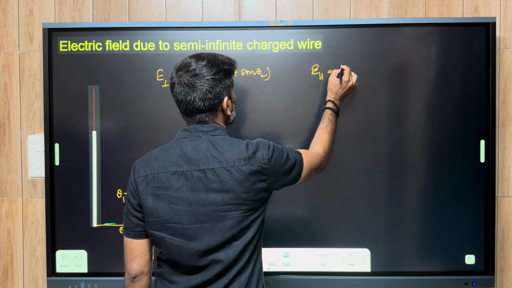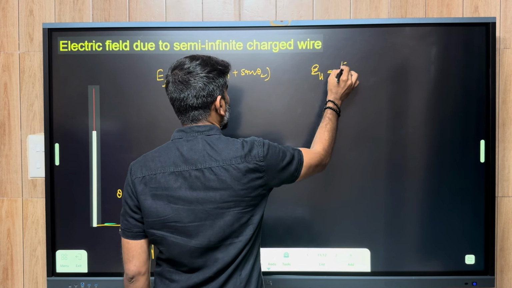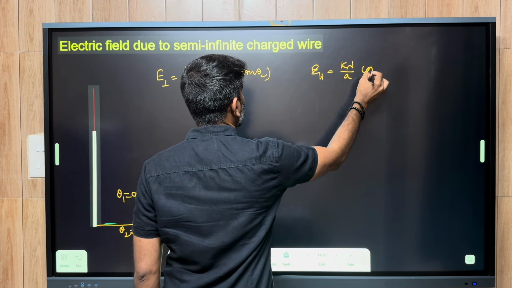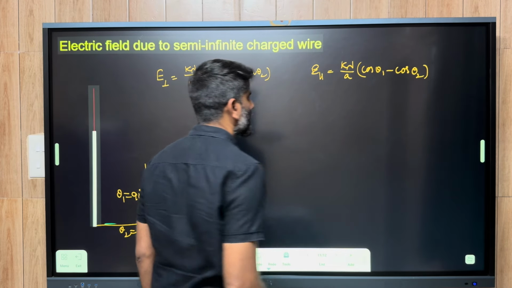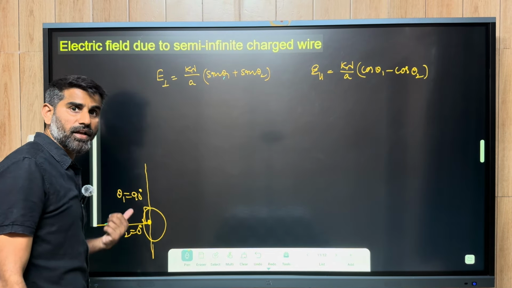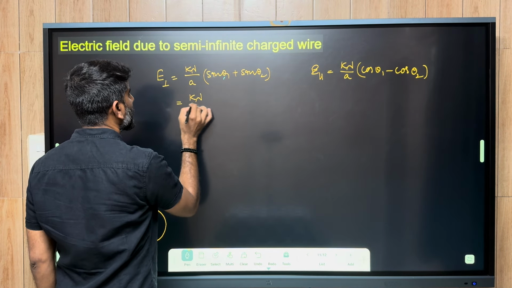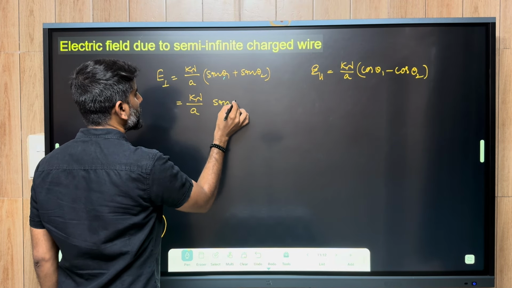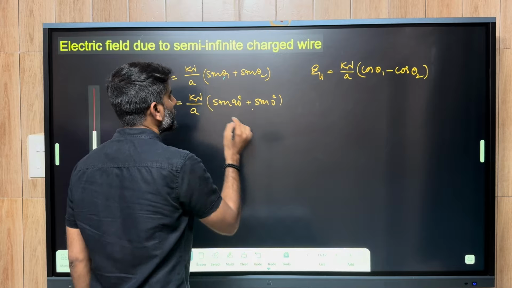E parallel is equal to k lambda by a into cos theta 1 minus cos theta 2. Now use the angles that we have identified for this finite wire.